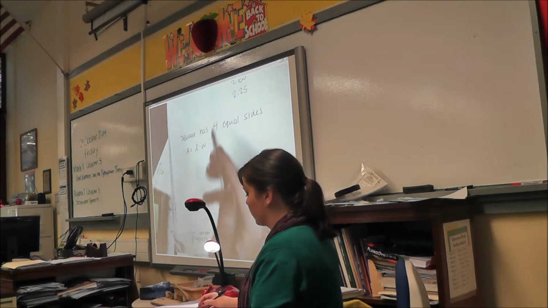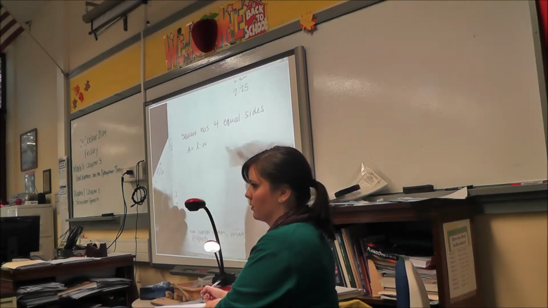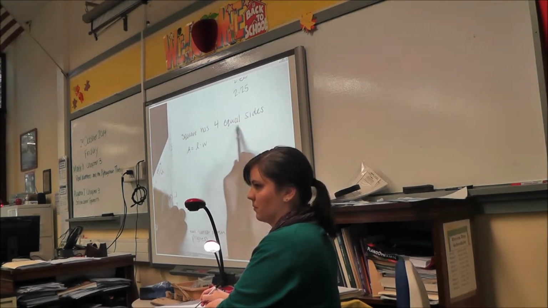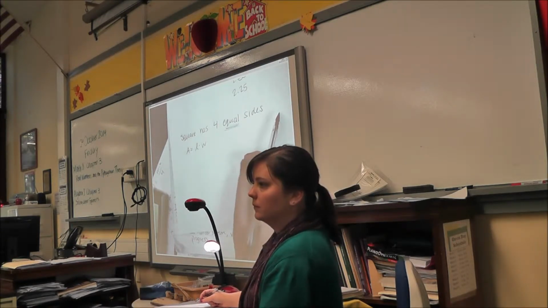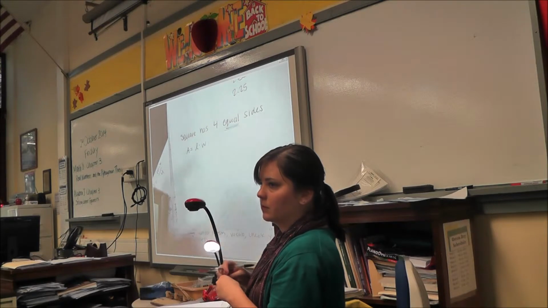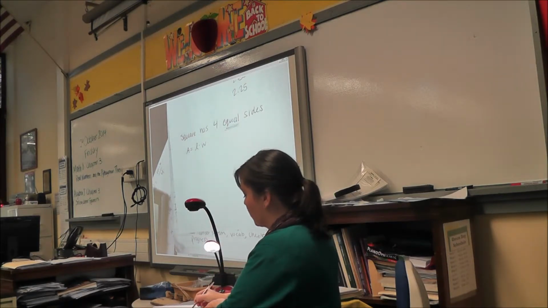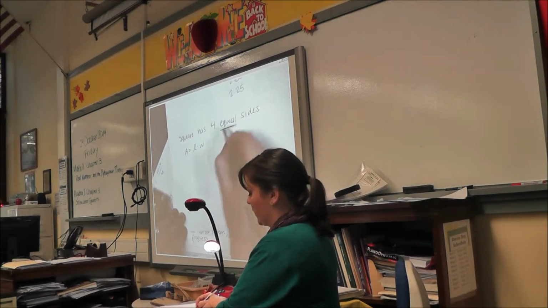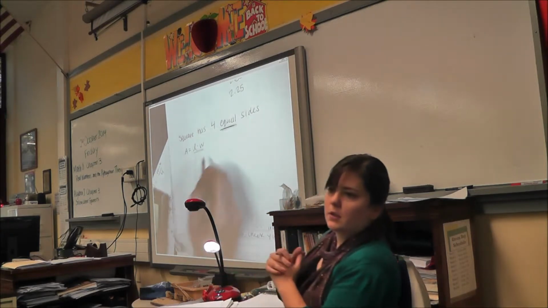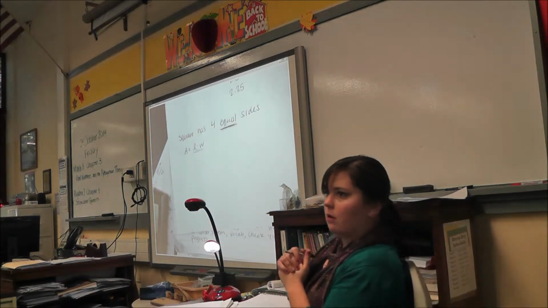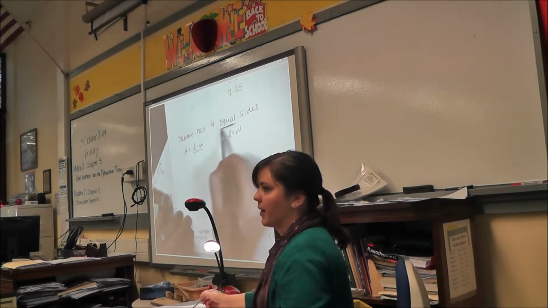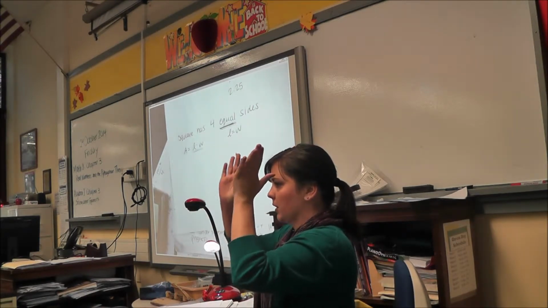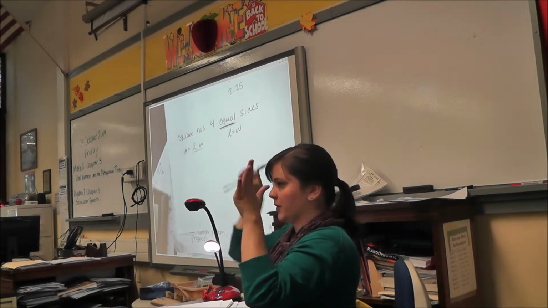But what do we know specifically about length and width? They're all equal. So length is equal to width for a square, right? If you have a square, the length and the width are equal because all 4 sides are equal.